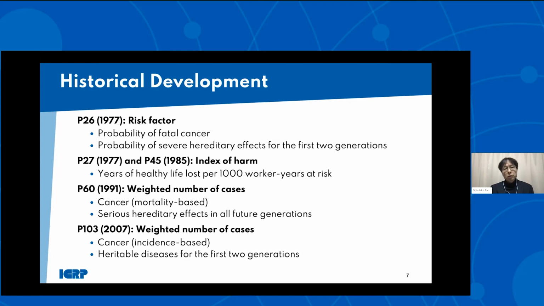A mortality-based cancer risk model was used in this assessment. And in Publication 103, again, the weighted number of cases was assessed for cancer and heritable diseases for the first 2 generations. And cancer risk was assessed using incidence-based cancer risk models.